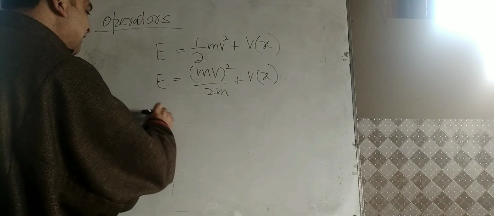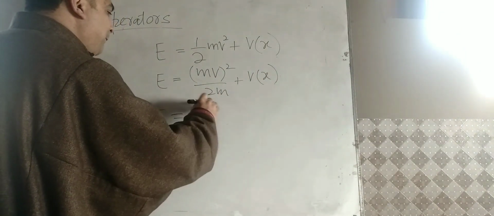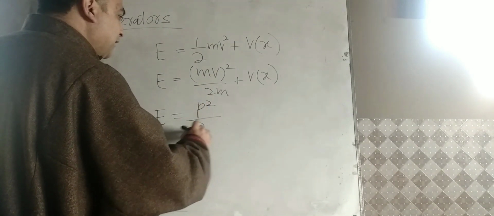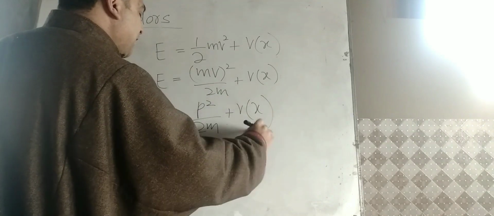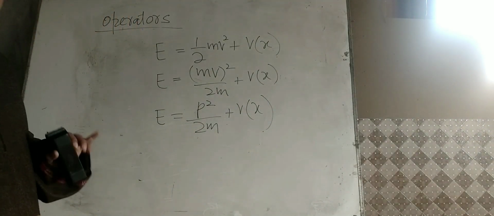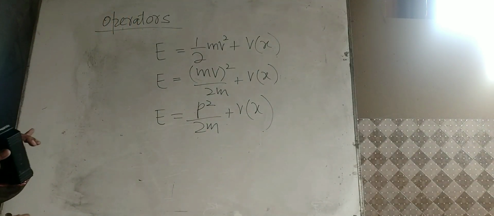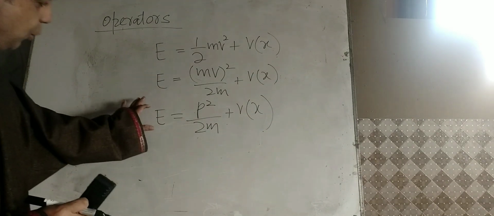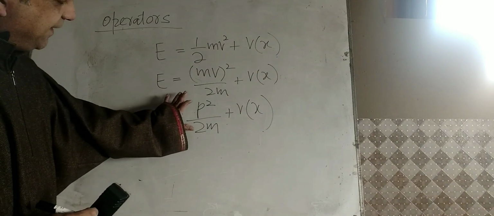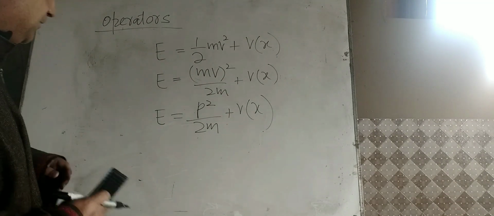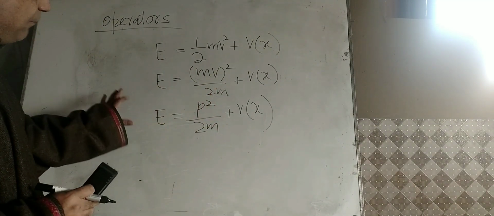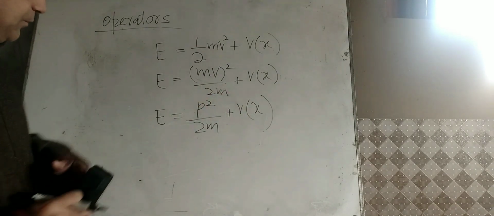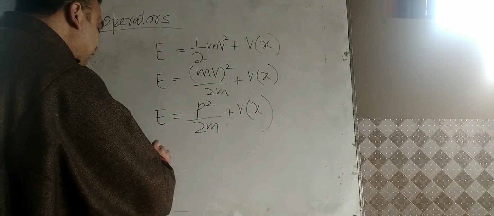So E can be written as p square by 2m plus V of x, where p is the momentum of the particle. So total energy is the sum of kinetic energy and potential energy. Now I want to replace this equation by virtue of the operators. For E I will use E cap.